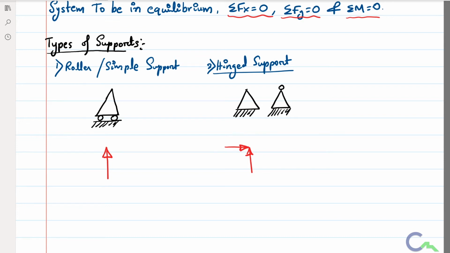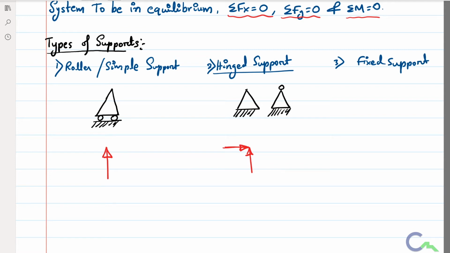If I apply the load, it is restricted from moving in vertical direction as well as in horizontal direction. But in roller support, it is allowed to move in horizontal direction, it is not allowed to move in vertical direction. The third type of support is fixed support.